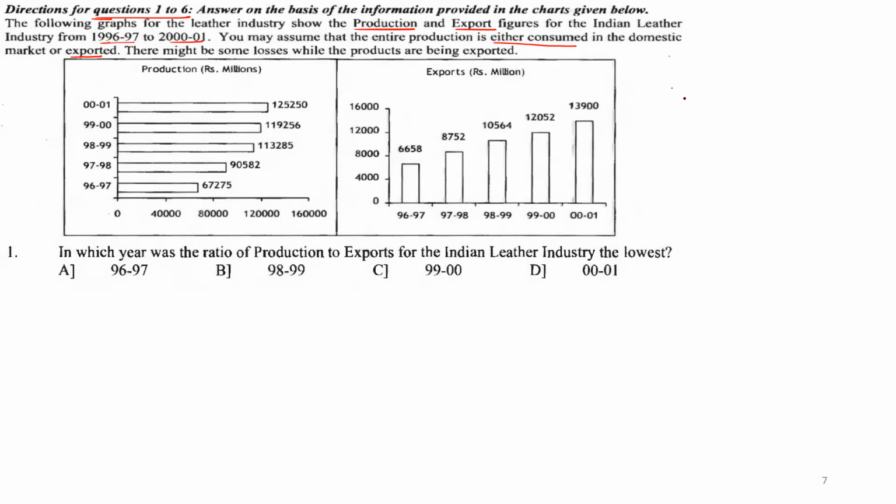Okay, so what we are getting from here is that your entire production is made up of two parts, that either you are exporting it or you are consuming it domestically. Okay, so production is equal to exports plus consumption. Therefore, if any question is about consumption, तो आपको करना पड़ेगा production minus the exports.